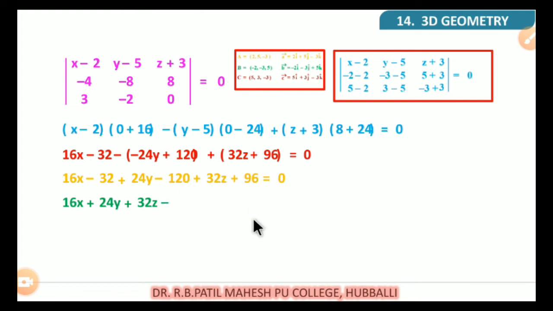Therefore, minus 32 minus 120 means this is minus 152 plus 96, which becomes minus 56, which is equal to 0.